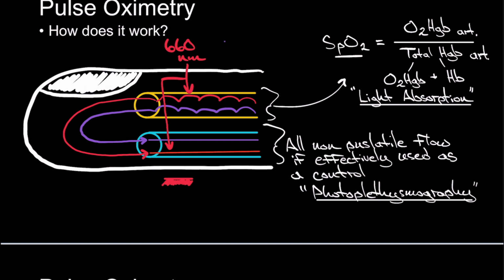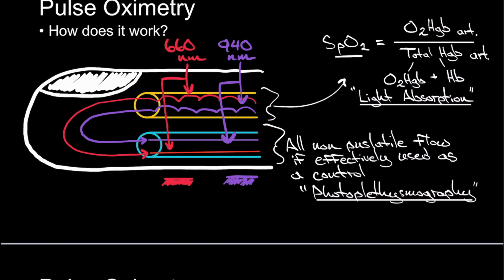And then you also have a light bulb that emits light at 940 nanometers of light, and it fires that down through the finger, and then it's detected on the bottom of the pulse oximeter. So it uses this to determine the percent of oxygen that's saturated with hemoglobin.